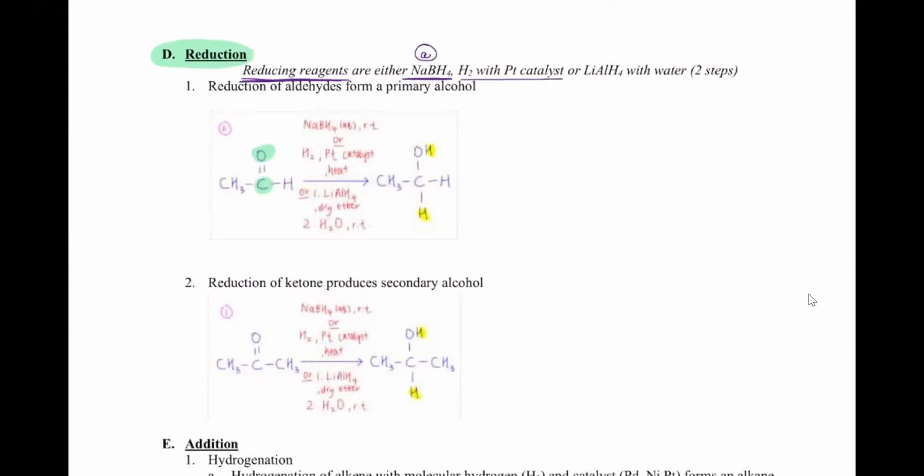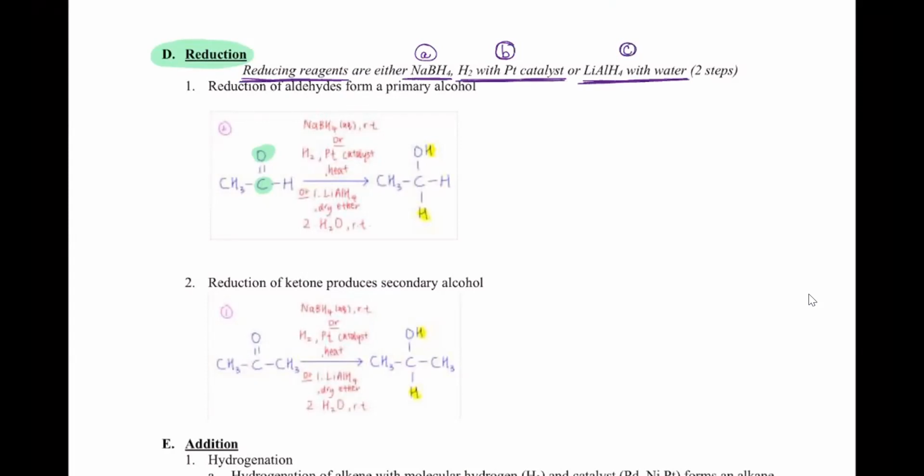The other one that can accomplish this is H2, which is molecular hydrogen with a catalyst. And lastly, we have LiAlH4 with water. That is the other reagent that can accomplish this.